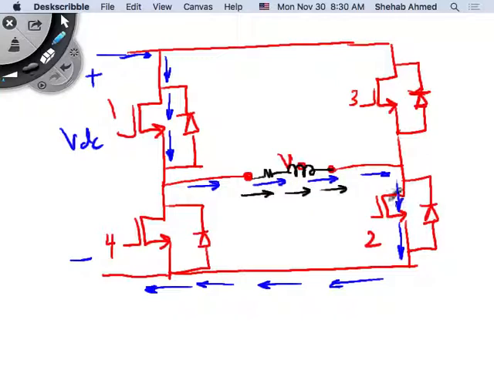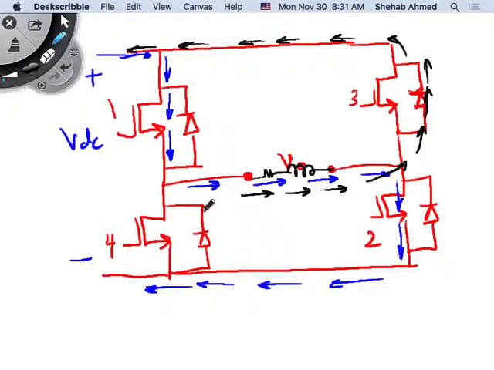So this is the same, 2 is off. I turned off 1 and 2. So where is current going to flow? It cannot go through 2 because it's off. Cannot go through this diode. Cannot go through 3. So it's going to go through this diode. And then it's also going to come through, did I turn on 4?